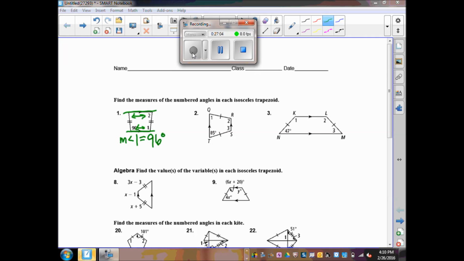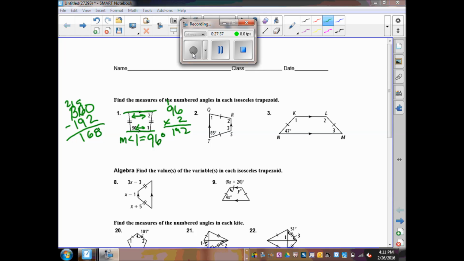Okay, so to find the measure of angle 2, we know there's a total of 360 degrees in our quadrilateral, right? If we subtract the two we already know, which would be 96 times 2, which gives me 192 degrees, we have 168 left to divide between the remaining two.